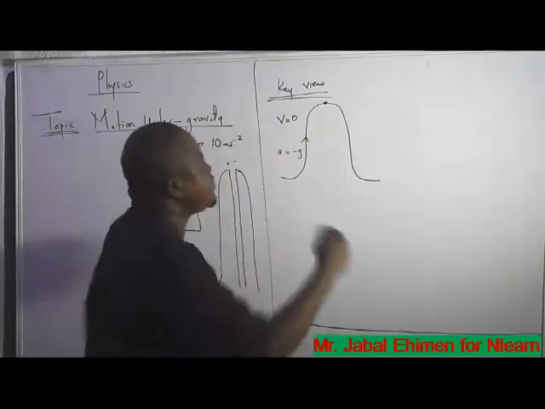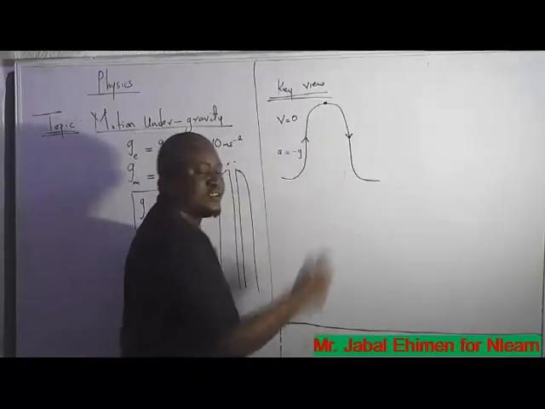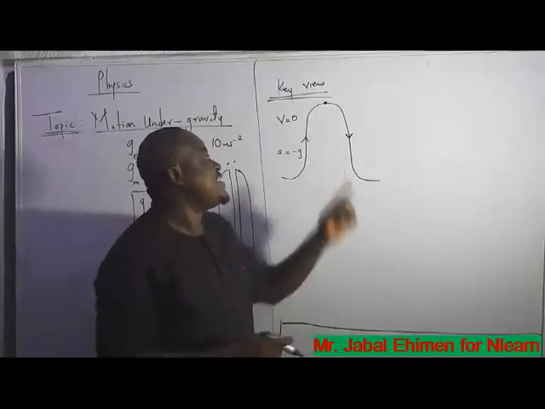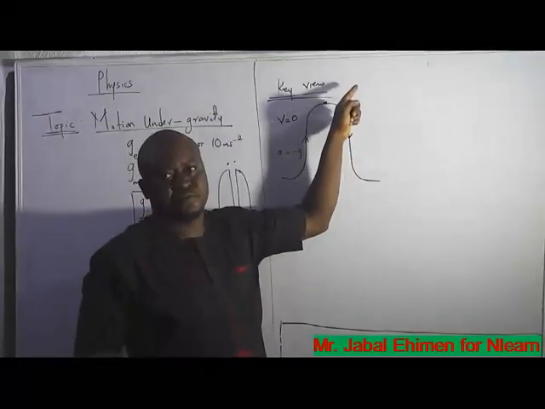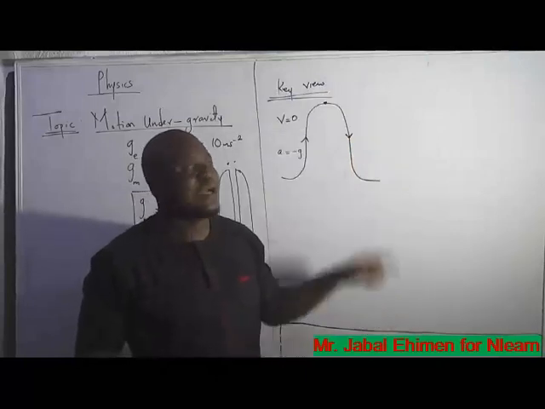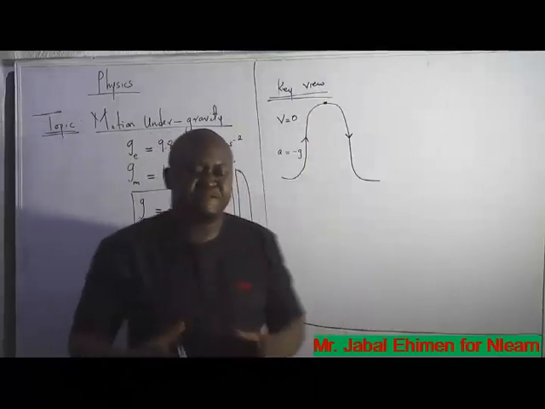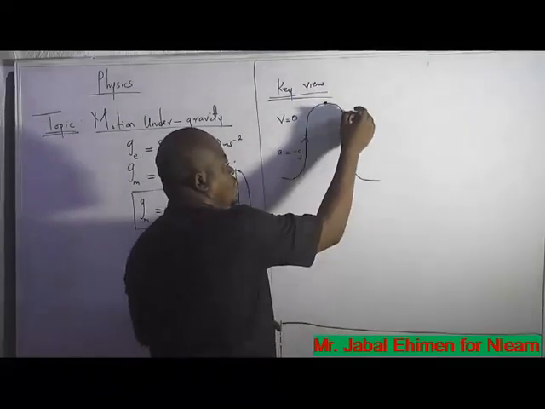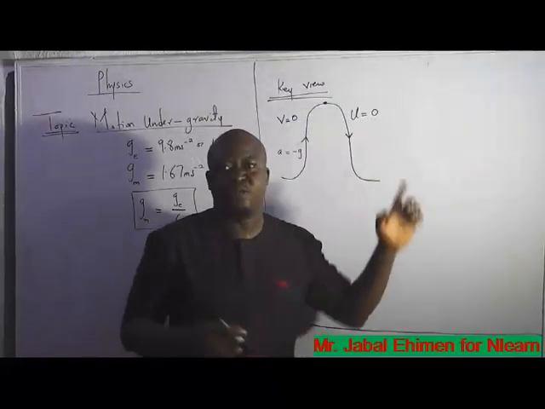Now, what about if the body is coming down? When the body is moving down, another thing. Now, the body is falling from 0 down. As it's coming down, you observe that the value of u, where it's coming from, is 0. So the initial velocity at this point becomes 0.